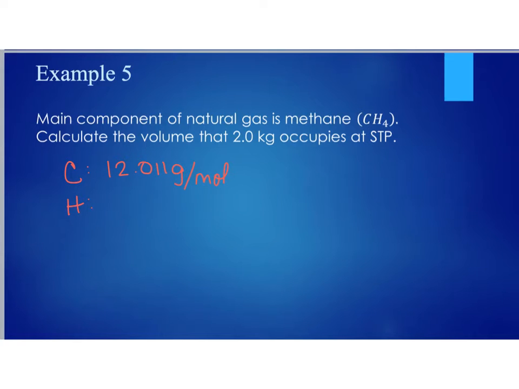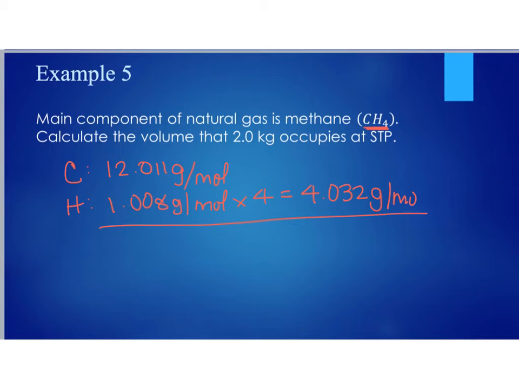Hydrogen is 1.008 grams per mole, but I have 4 of those, and I'm getting that from this formula right here. So if I multiply that by 4, I end up with 4.032 grams per mole. And if I add both of these numbers together, I end up with 16.043 grams per mole of methane, which is CH4.